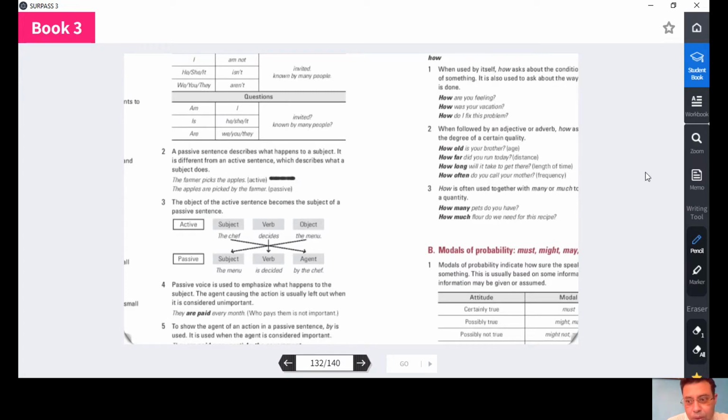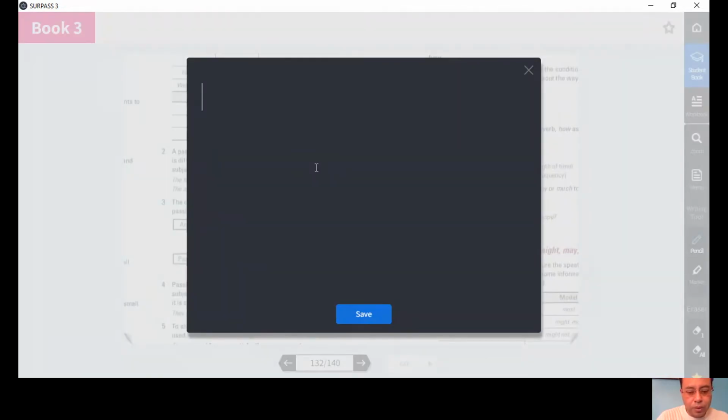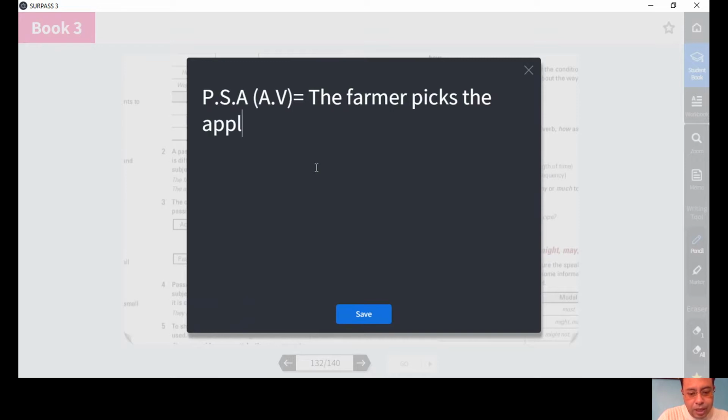And remember that if we use active voice, we have some structures. We are going to use PS for present simple affirmative, and then we open a parenthesis and write active voice, equal: the farmer picks the apples.